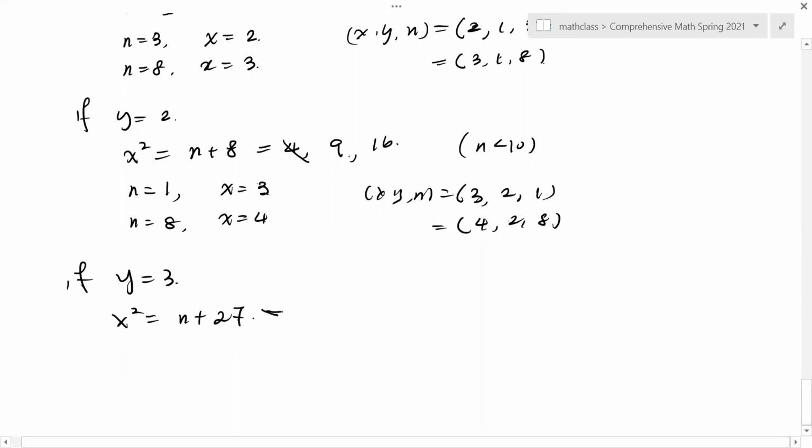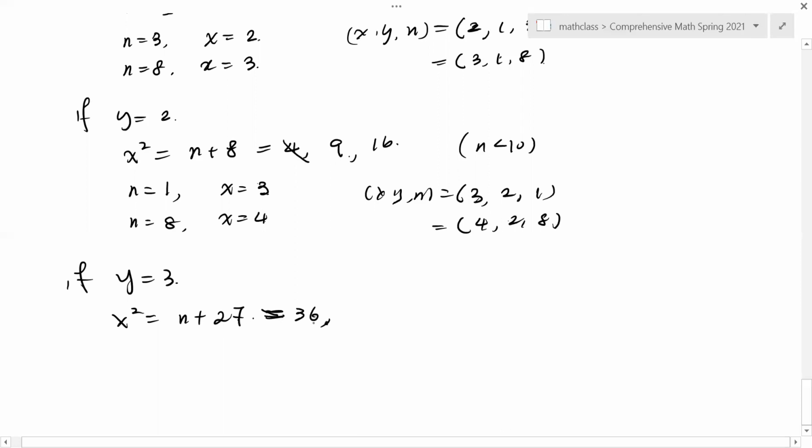So what are the possible values here? The next perfect square after 27 is going to be 36. Then after that, a much larger one, 49. But 49 is impossible because n plus 27 cannot be 49.